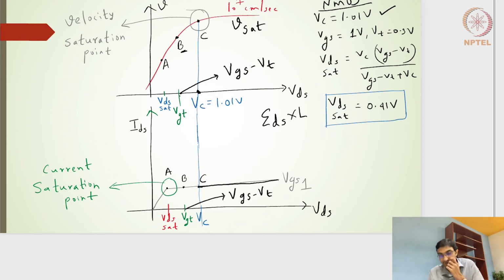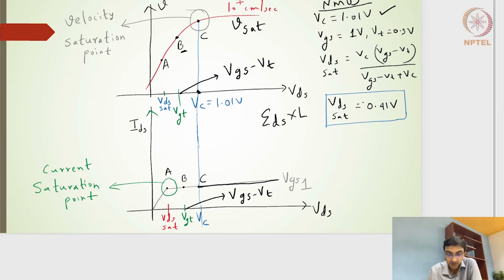The third point in this particular profile is VDS saturation, which is nothing but VC in a parallel combination of VC and VGS minus VT. So if VC is equal to 1.01 volts and VGS minus VT is 0.7 volts, if we do the calculation, we will get the VDS saturation point as 0.41 volts.